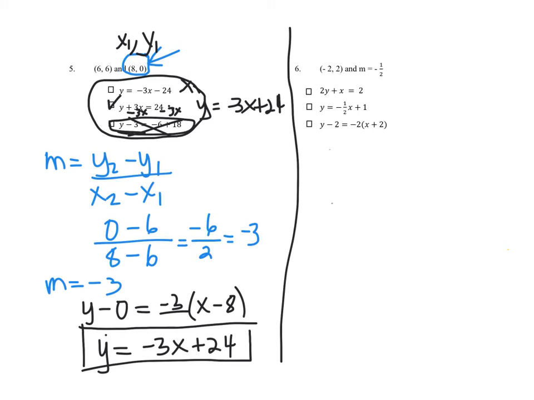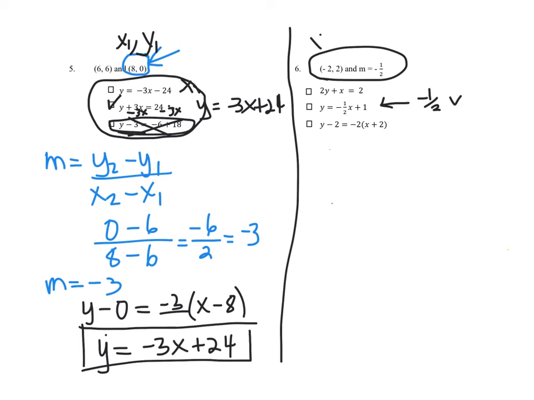So I have negative 2, comma 2, and the slope is already given to me. So let's see if we can figure out which equation that is. This equation right here has the negative 1/2 slope in it. So let's see if when I write it in point slope form and switch it to y equals, I end up with the same thing.